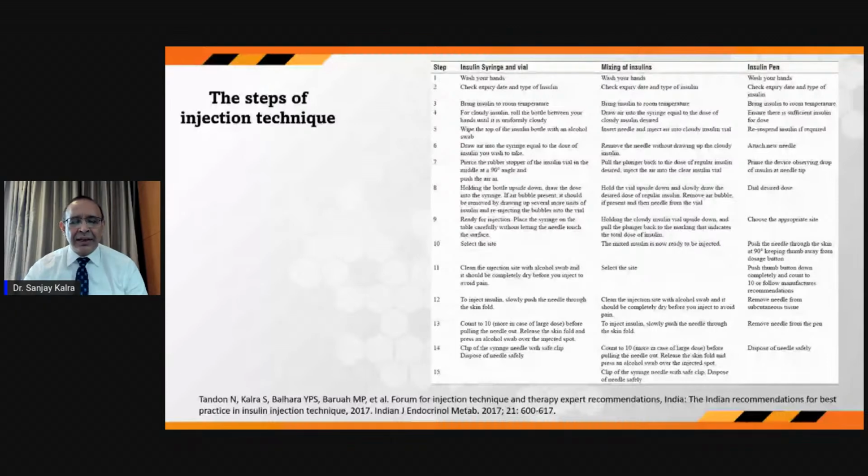Once we've chosen the right insulin device, the right insulin regimen and preparation, then we begin teaching our patient about techniques. Now, some things are common. The patient has to wash his or her hands, check the expiry date of the insulin, ensure that the insulin is right. You have to teach your patient to know whether the particular insulin is cloudy or is clear solution. Most insulins are clear, but NPH is cloudy.